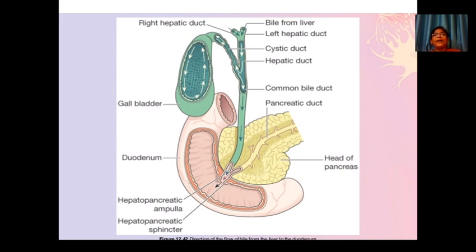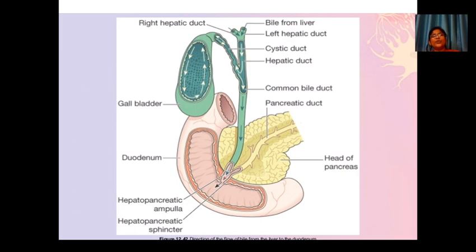See, bile is secreted in the direction from the right and left hepatic ducts from the liver and passes down and forms the common hepatic duct. At an angle, it enters into the cystic duct of the gallbladder.